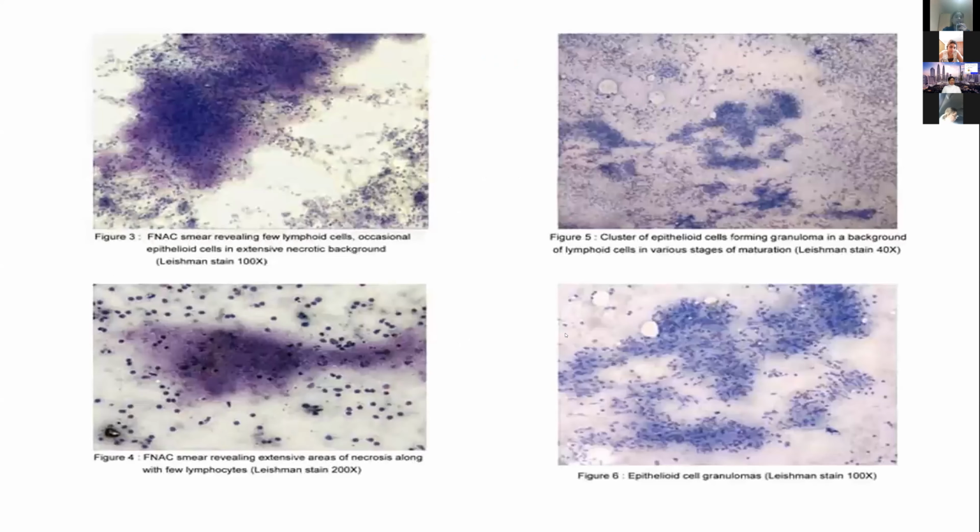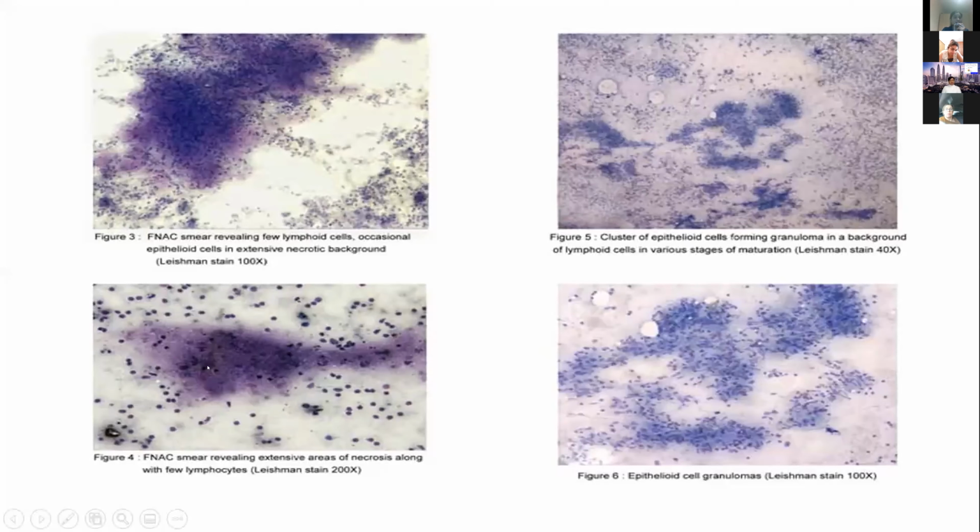In this first picture, I'm sorry for the not so good quality of my pictures, but I'll try to show what I want to show. The first picture shows an FNAC smear revealing a necrotic background, and amongst this necrotic background, we can see lymphocytes, lymphoid cells, and epithelioid cells.